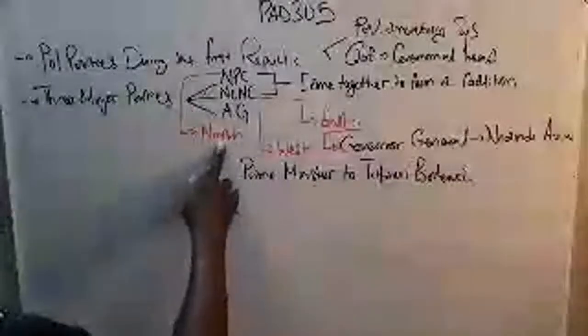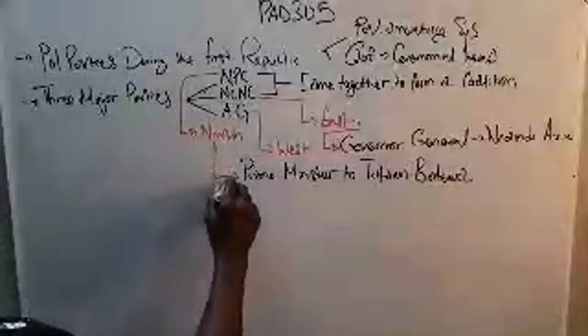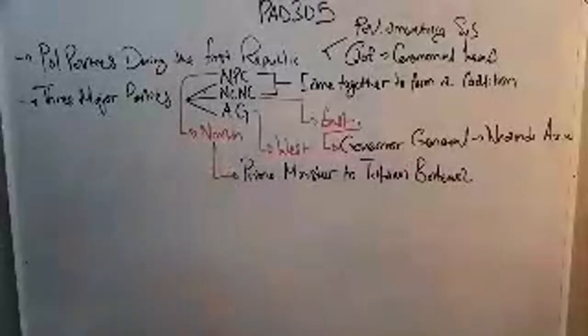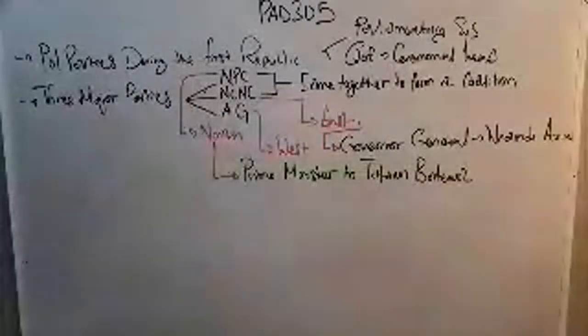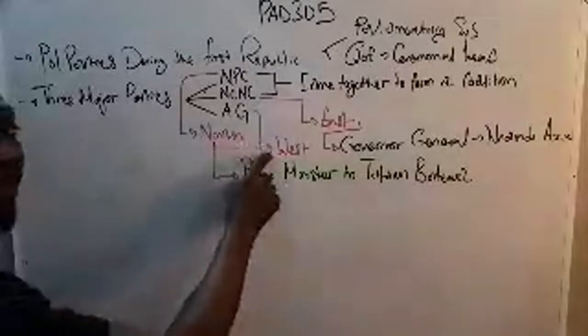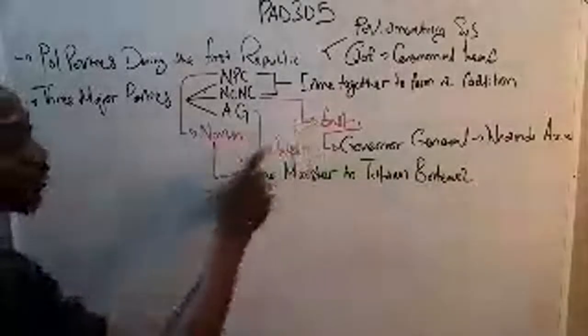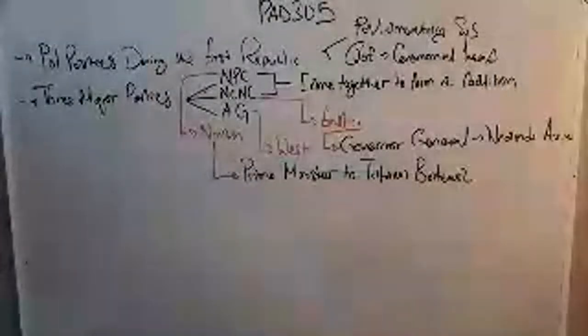So the Governor General went to the East, and the Prime Minister went to the North. Chief Obafemi Awolowo of the AG became the leader of the opposition. So these two came together, and AG automatically became the opposition, headed by Obafemi Awolowo.